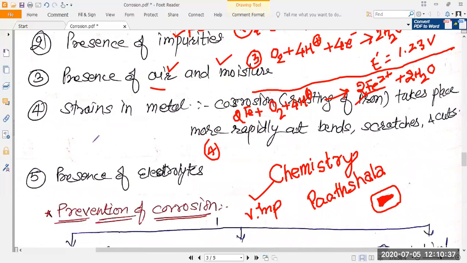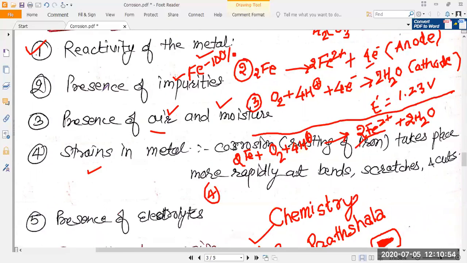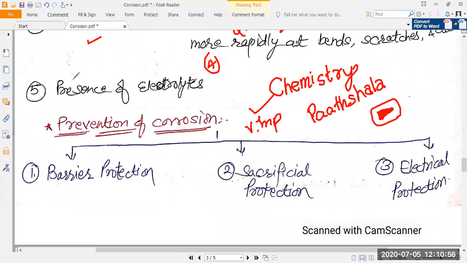Next, an important point, strain in the metal. If there is any cut, if there is any pit, if there is any bend, then corrosion takes place rapidly. So these were the points that affect the corrosion. Next, dear student, how can we prevent the corrosion?